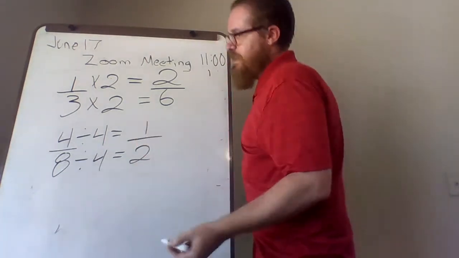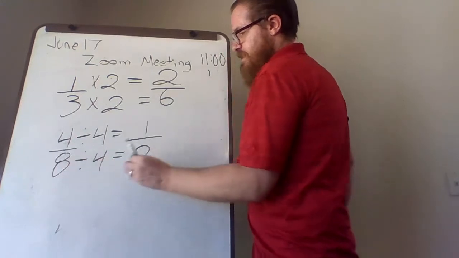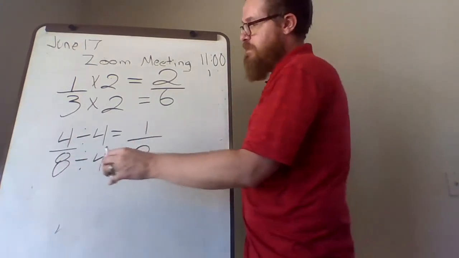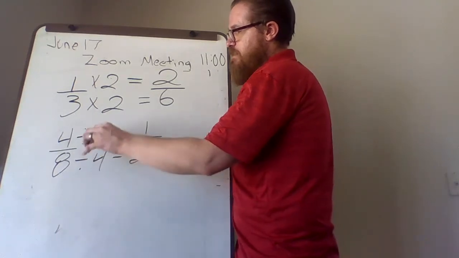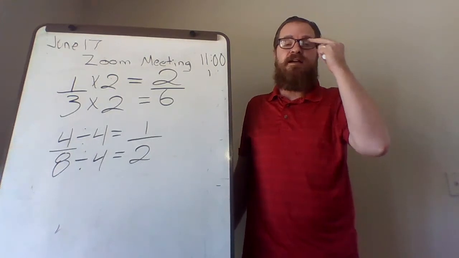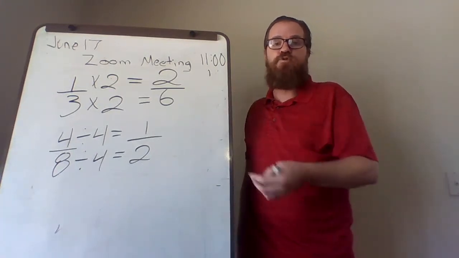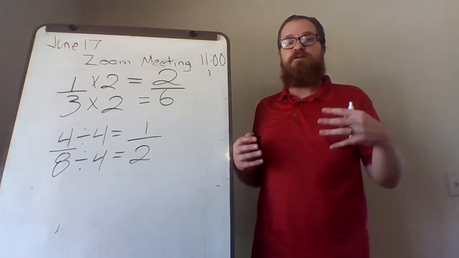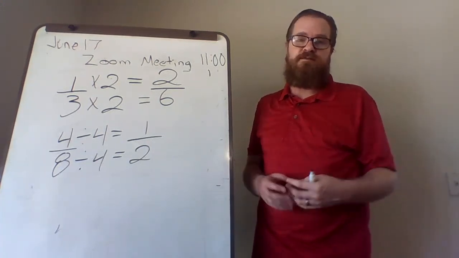So I could say that 4/8 is equivalent to 1/2, and I proved it because I took the denominator and the numerator and divided them by the same number to get my new fraction. Okay, so I proved that that was right. I didn't just guess, and that's what we want to do in math, right? We don't want to guess. We want to be able to prove our answers are right.